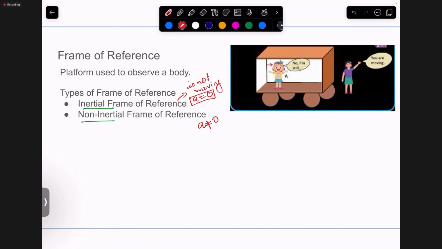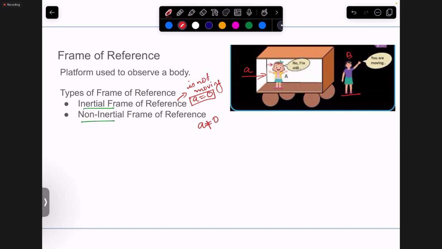Okay. So you can see this picture here where a girl A is standing on a moving platform. This is having an acceleration of A towards the right side, and you are the observer. You are standing here on the ground, which means there is no acceleration over here.